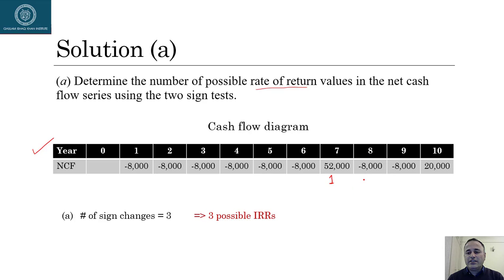In year number 8, the sign changed again from positive to negative. And in year number 10, it changed again. So the total number of sign changes is 3, and as per Descartes' rule, there may be 3 possible IRRs. Possible IRRs means up to 3 IRRs.